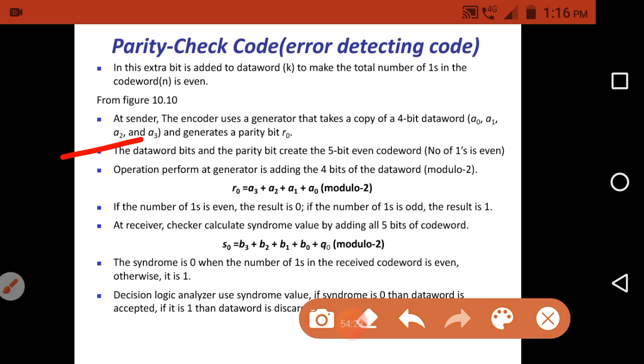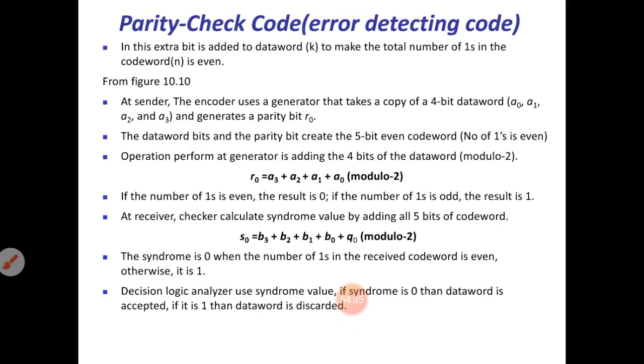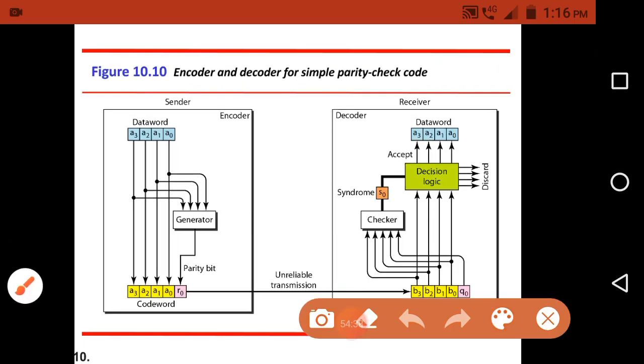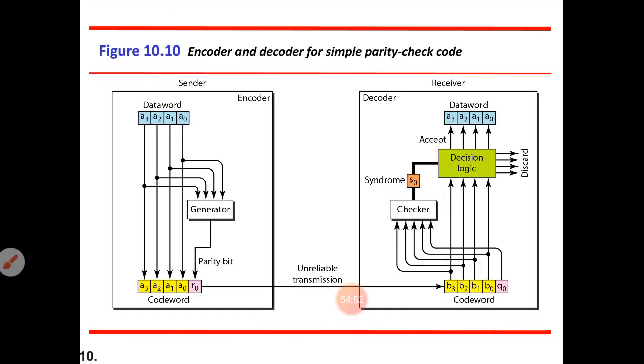Then we'll discuss the operation at the generator. I told you already that there is a generator that generates the parity bit, but how does it generate the parity bit? What operation does the generator perform on this data word?